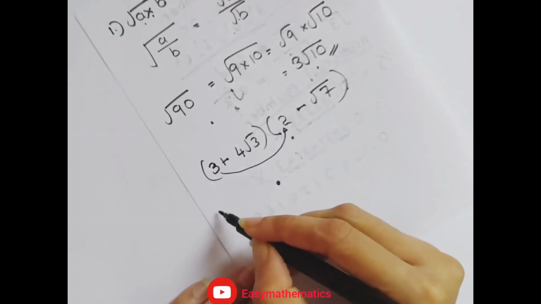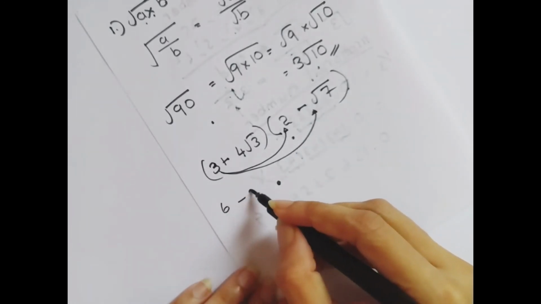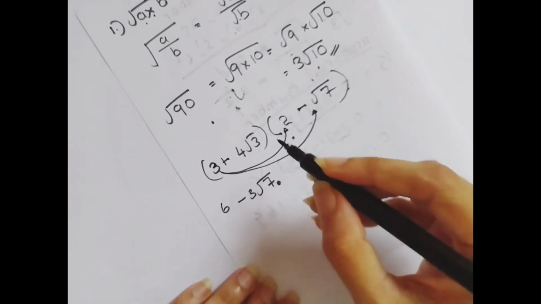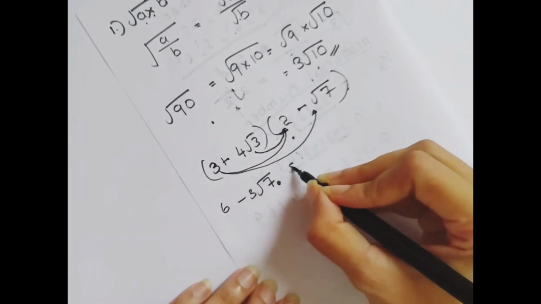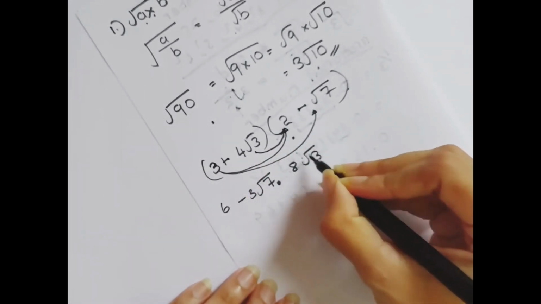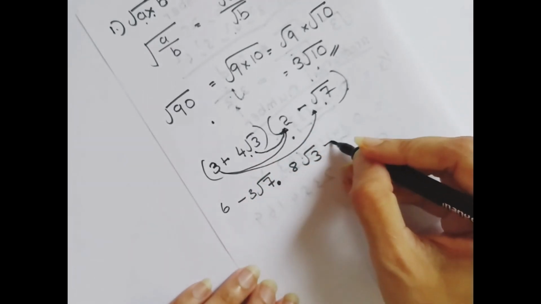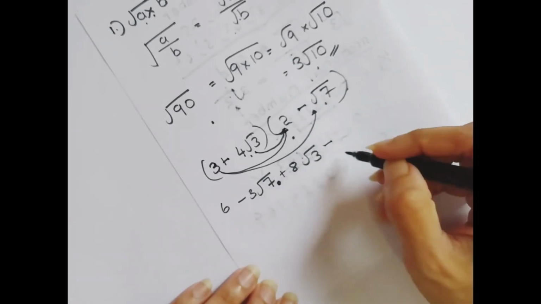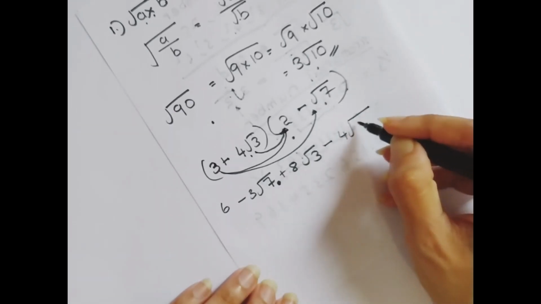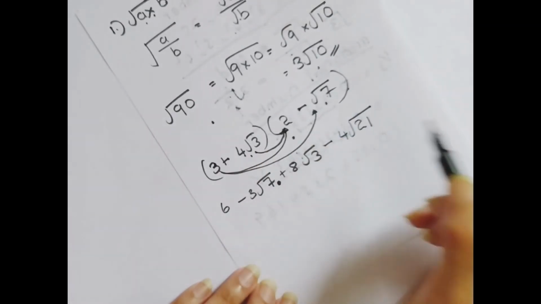3 into 2 is 6. 3 into minus root 7 is minus 3 root 7. 4 root 3 times 2 is 8 root 3. 4 root 3 times root 7 is minus 4 times root 21, because 3 into 7 is 21.